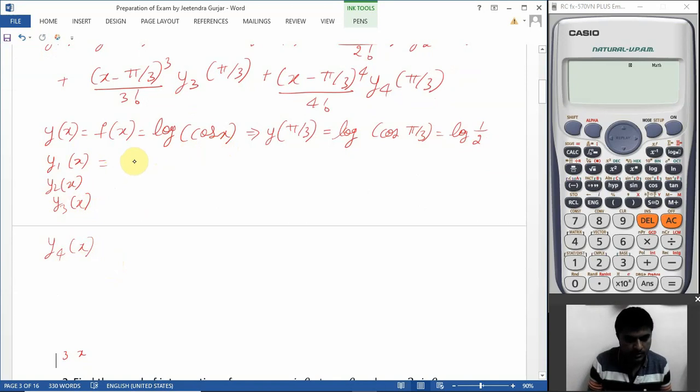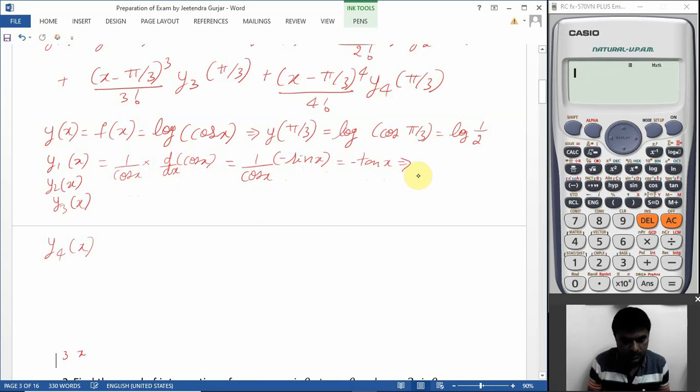This is 1 upon cos x into, again inner differentiation, d upon dx cos x. So I'm going to use the chain rule. So 1 upon cos x, differentiation of cos x is minus sin x, is equal to, we can simplify this, we will get this as minus tan x.